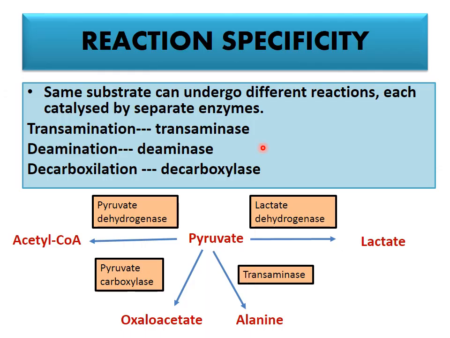Then the second is reaction specificity, in which the enzyme shows specificity for different types of reactions. If a single substrate goes through transamination, then the enzyme is transaminase. If it goes for a deamination reaction, the enzyme is deaminase.